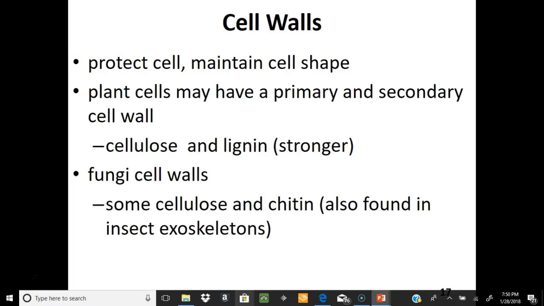Cell walls, in organisms that have them, function to help maintain the cell shape and integrity, especially due to osmotic changes. They protect the cell. Plants have a cell wall, fungi have a cell wall, algae have cell walls.